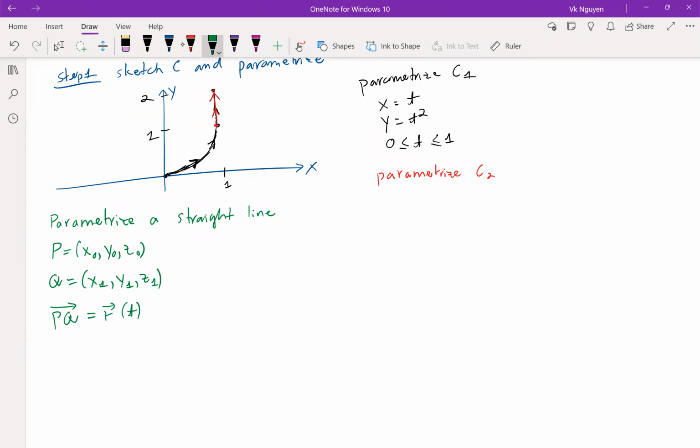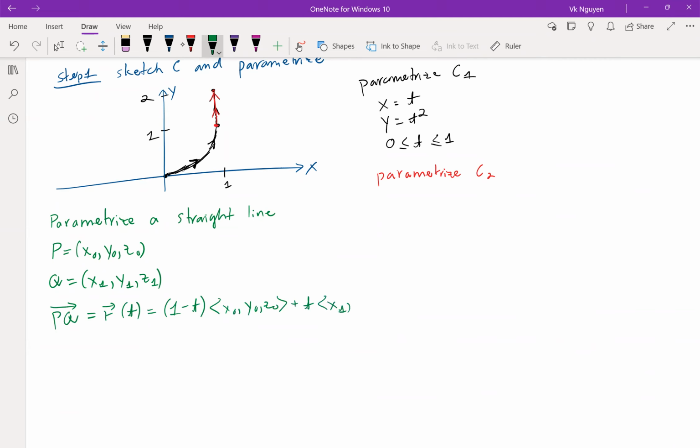You can parameterize it by multiplying by 1 minus t, hopefully you remember this from your previous class, the first point (x0, y0, z0), plus t times (x1, y1, z1).